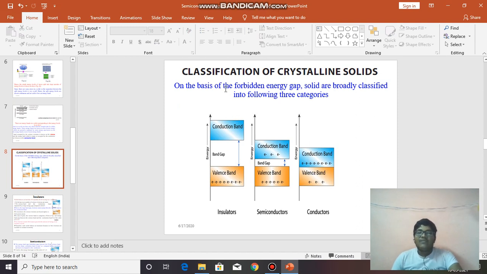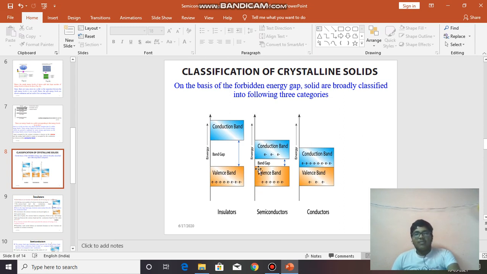Now the classification of crystalline solids. How is the classification made? On the basis of the forbidden energy gap, solids are broadly classified into three categories: insulators, semiconductors, and conductors. We see the difference in this diagram. If the conduction band and valence band have a larger band gap, then it acts as an insulator.